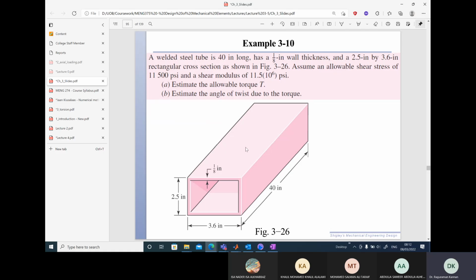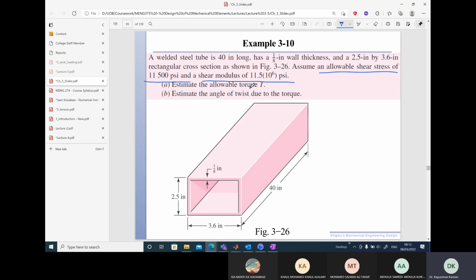So you have a hollow tube which is of square cross section here, 40 inches long, 3.6 inches wide, 2.5 inches height, and 1/8 of an inch thickness. So you are given here an allowable shear stress and the rigidity modulus or shear modulus G, that is also given.